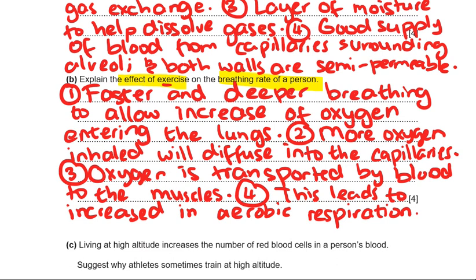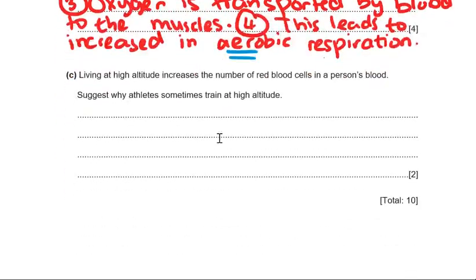Aerobic, I'm sure you've heard of this word before. We use it to describe exercises like aerobics. Let's do aerobic exercises. So it really does relate to aerobic respiration, which uses up a lot of oxygen to release more energy.